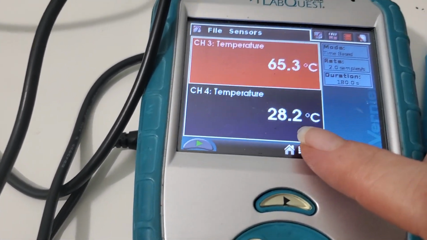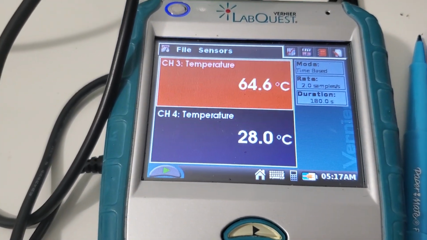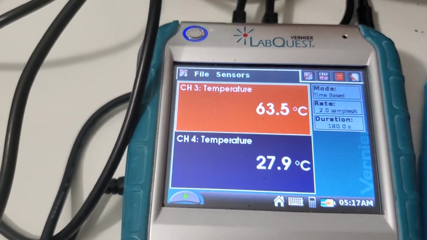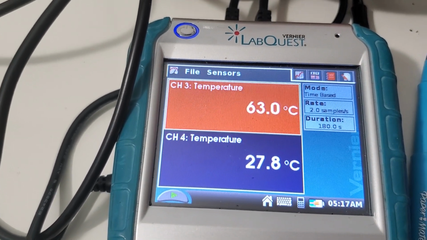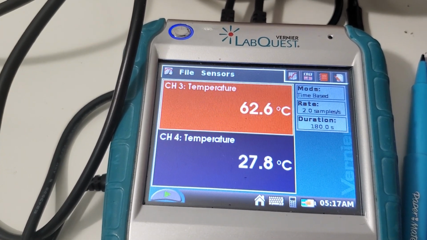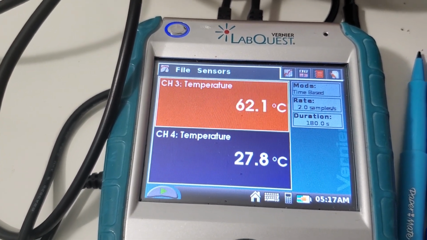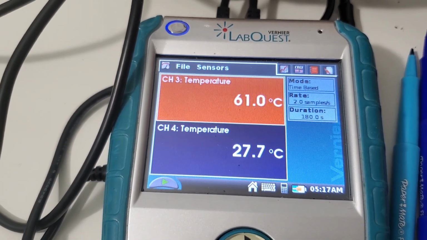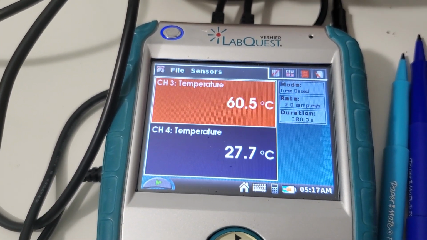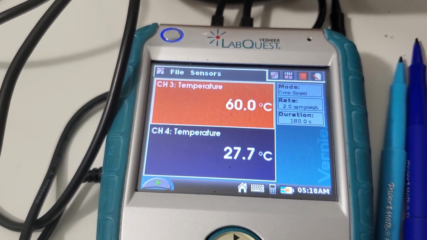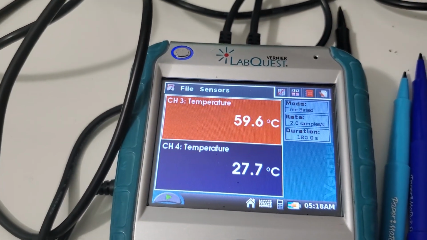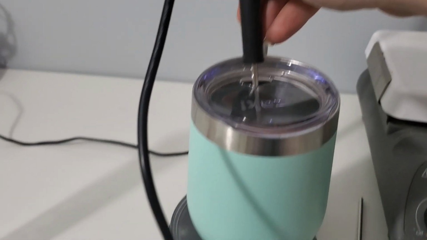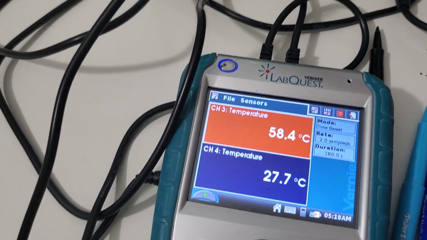And we can see on this thermometer it's already gone up. So we're going to look for it to stop going up anymore. So it got up to 28. And it looks like it's going down now. I'm going to just move this around a little bit just to make sure.